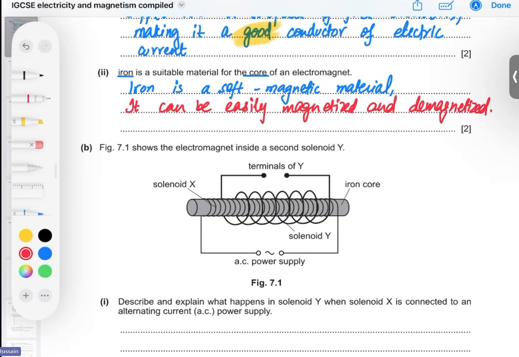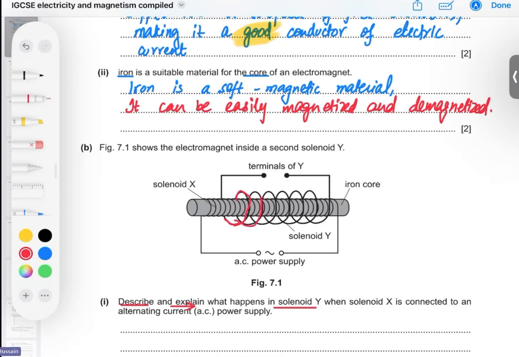Describe and explain what happens in solenoid Y when solenoid X is connected to an alternating current power supply. So you need to describe and then explain what happens in solenoid Y. Which is solenoid Y? This one is solenoid Y, this outer one, this large coil.